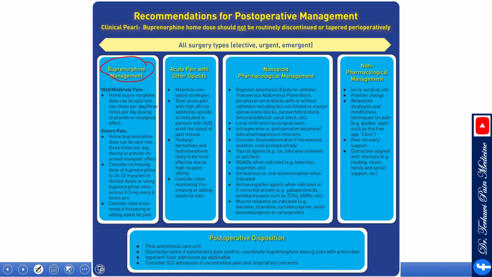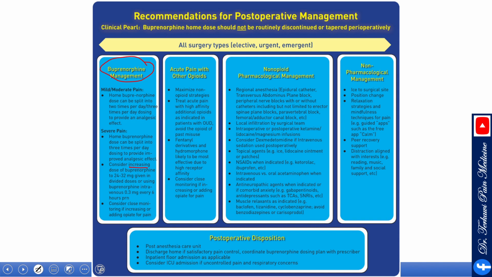Notice the same dose, you're only making it more frequent, you're splitting the doses. If you expect severe pain, then the home buprenorphine dose can be split into three times per day dosing.